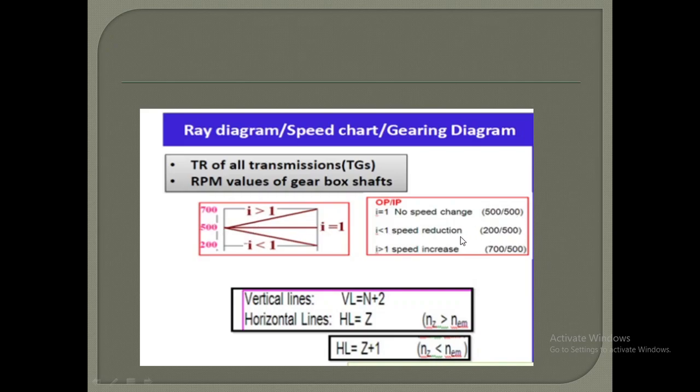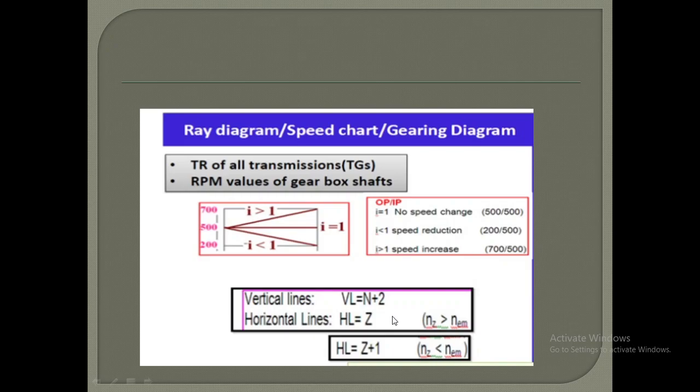I less than 1, we get speed reduction. How to calculate this? 200 divided by 500. And last, I greater than 1, speed is increased. What is the increased speed? 700 divided by the input speed, which is 500.